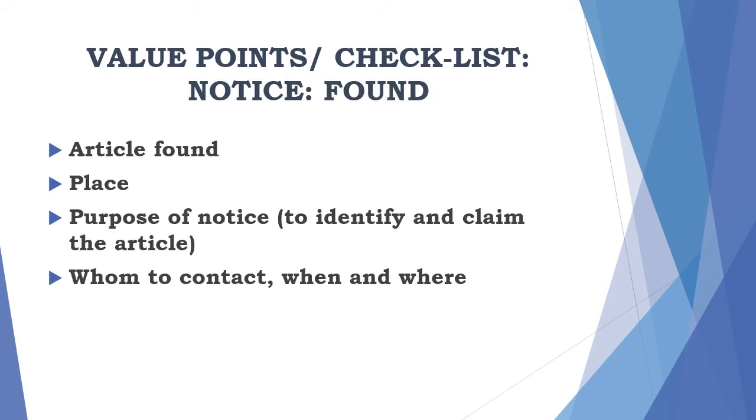And here is your checklist for article found. Article found, place from where the article has been found, purpose of notice to identify and claim the article, whom to contact, when and where.